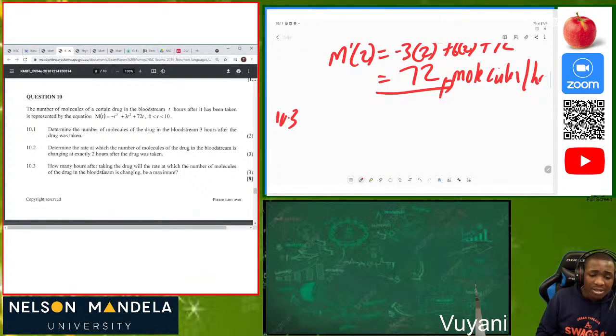For 10.3, they're saying how many hours after taking the drug will the rate at which the number of molecules of the drug in the bloodstream is changing be maximum? The moment you hear maximum, it means we have to calculate the second derivative.